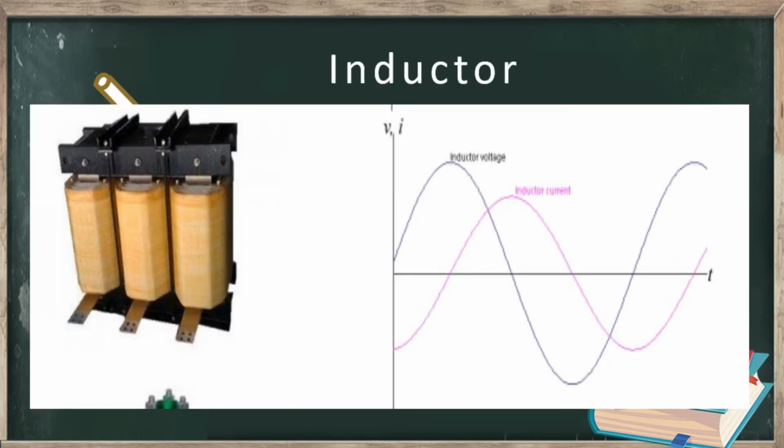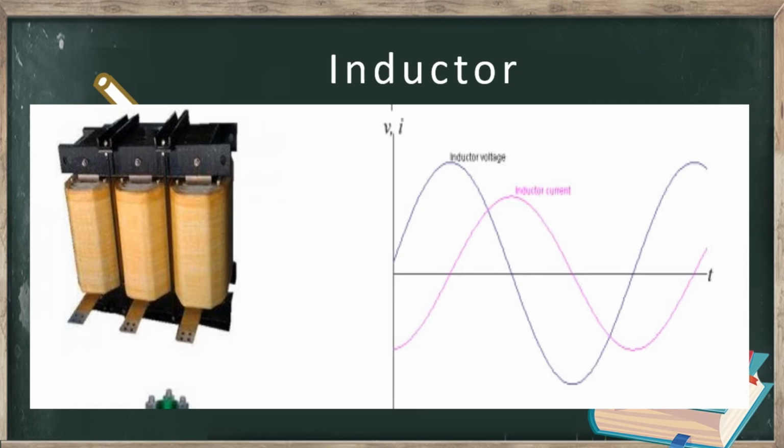Second one, the inductor. As you can see from the graph, the inductor voltage finishes its cycle first compared to the current, which makes the current lagging the inductor voltage.